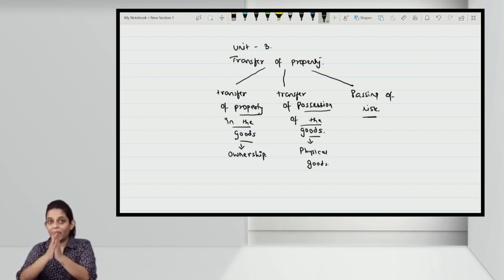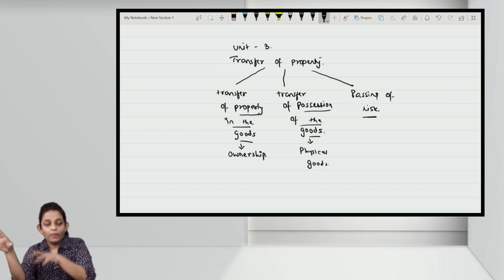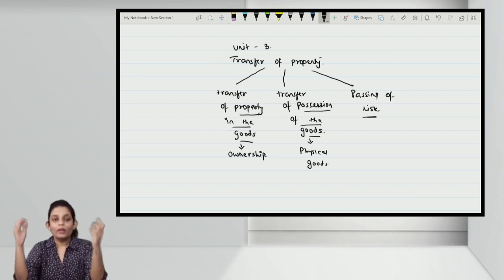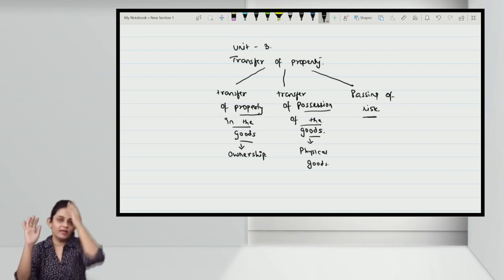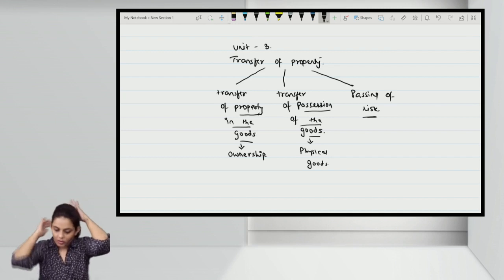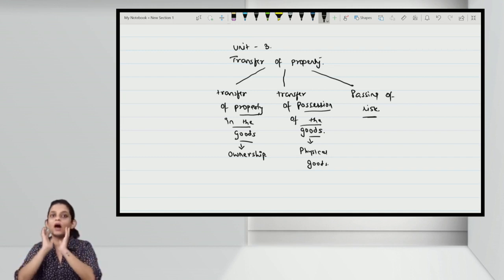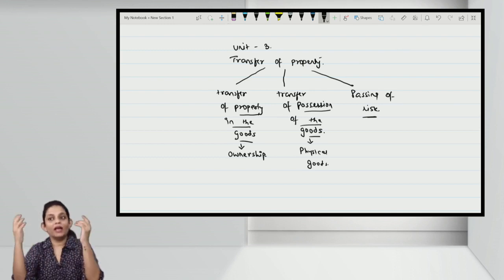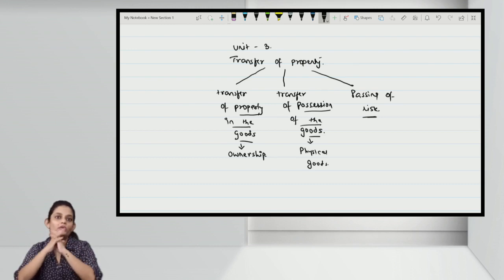B is consistently telling S, please deliver the goods. S says, yeah, don't worry, your goods will be delivered to you only. But there are no goods and the goods are destroyed. The goods were never delivered and the goods are destroyed. Now, who will bear the loss? Think and tell me.